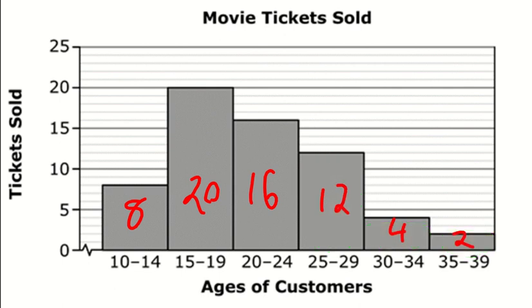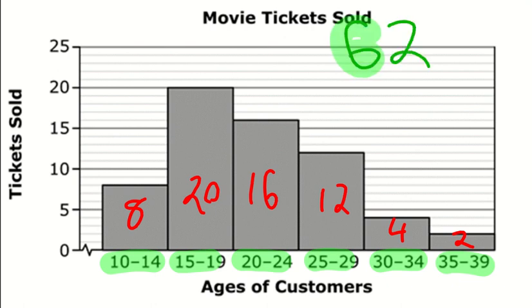The other thing it could ask you is which interval the mean is in, or not mean, the median is in. Intervals are these things. So basically it would ask you what bar the median is in, okay? So we would add them all up, figure out how many people there are, okay? So in this case, when we add them all up, we get 62.